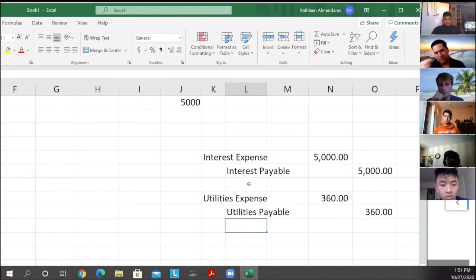When it comes to things like utilities payable and interest payable, are those subcategories within accounts payable, or is accounts payable just for products or services? Any accounting system can be set up however the user prefers.